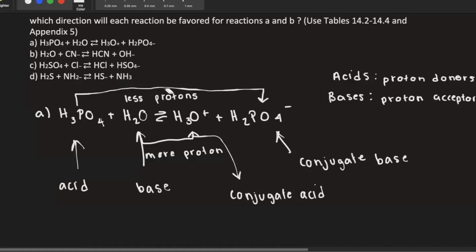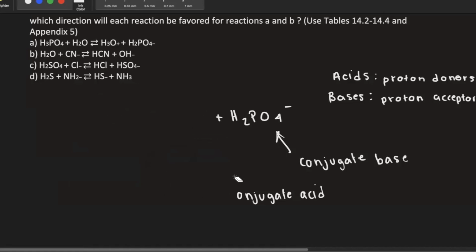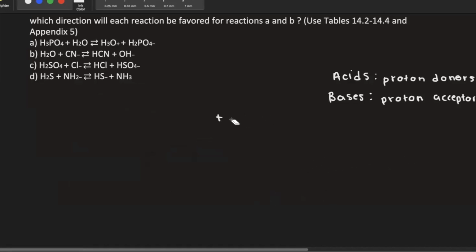Okay, now that we have finished that problem, we're going to move on to the next one. I'm just going to get rid of all of this, but I'm going to keep the definitions up just so we can refer to them if we need to. Okay.